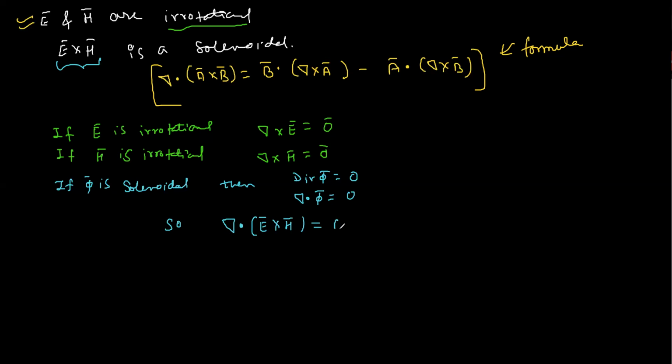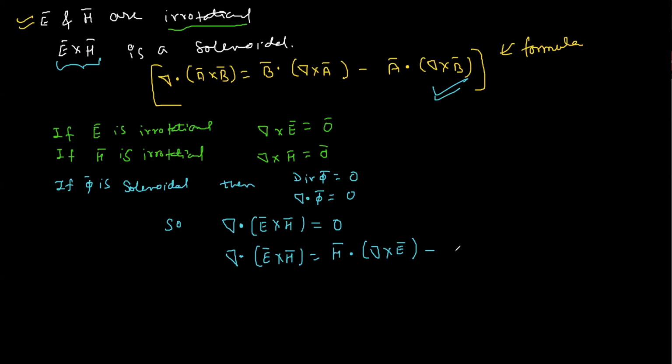Okay. And you know by using this formula, here B is what? Vector H, vector E minus. Understood?